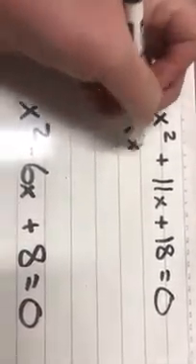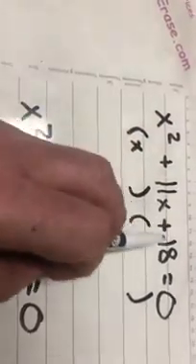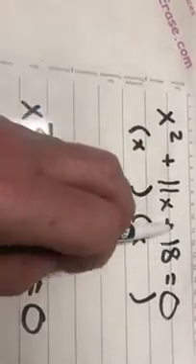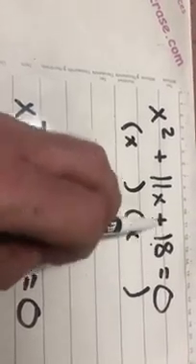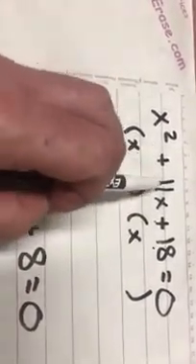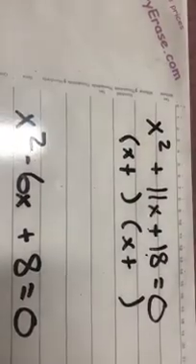So we're going to end up with x and x. And then I'm going to say, okay, I need two numbers multiplied together that equal a positive 18, and those same two numbers added together have to equal a positive 11. So they're both positives, so I can be confident that both of those are going to be positives.